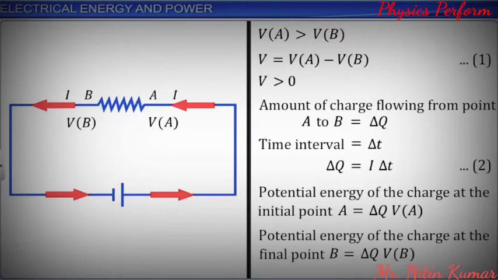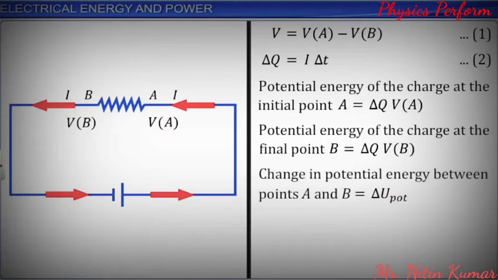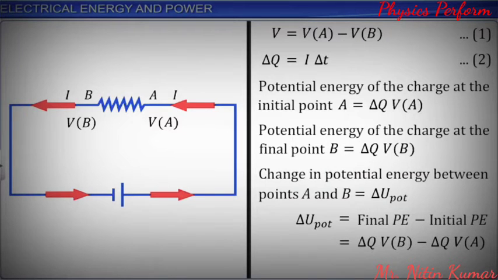The potential energy of the charge at point B is delta Q VB. A change in potential energy between points A and B is expressed as delta U potential, which is equal to final potential energy minus initial potential energy, which is equal to delta Q into VB minus VA.